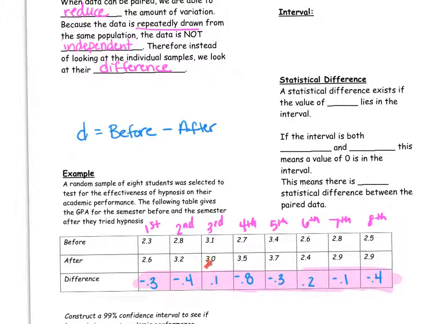Their GPA did what? It got worse. It went down. So write that out, please. A negative D equals an increase. A negative D is an increase in GPA. A positive D is a decrease in GPA.